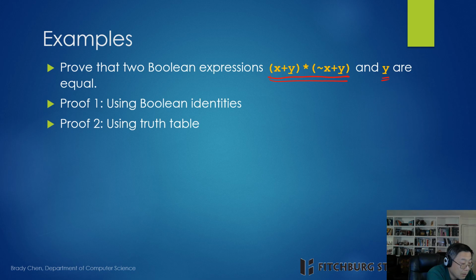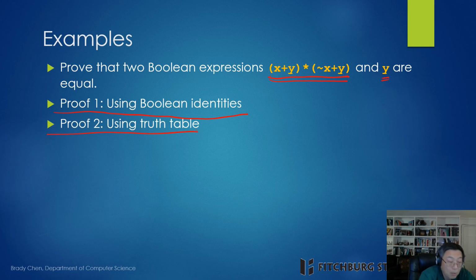Now, one approach is to use the Boolean identities. We can use the idempotent law, unit law, distributive law to simplify one side, and eventually we prove it's the same as the other side. The other one is using the truth table.